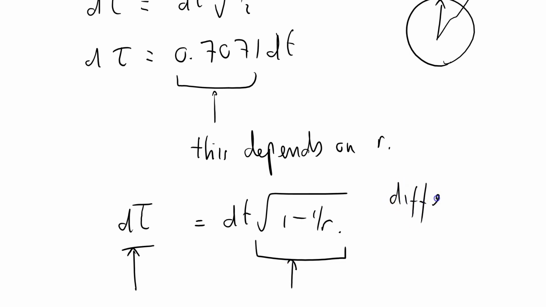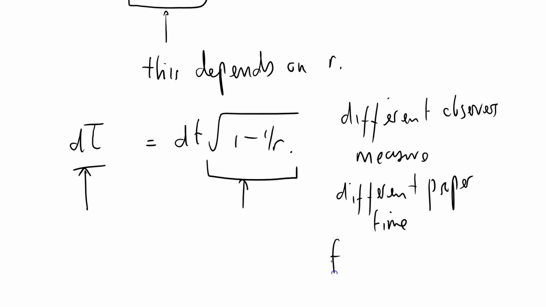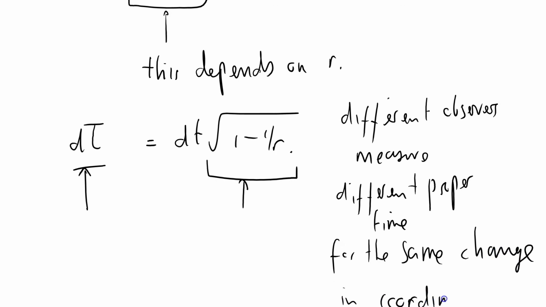Different observers measure different amounts of proper time for the same change in coordinate time. So different observers experience different time dilation effects.